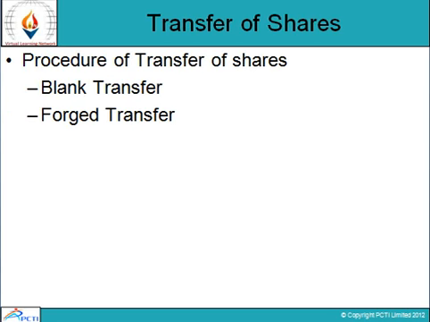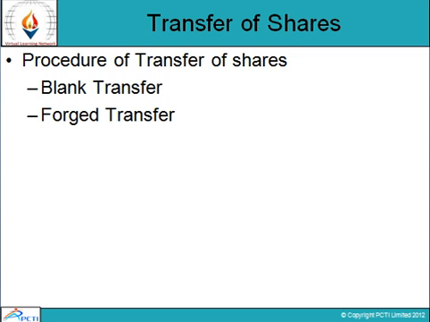Transfer of shares. Procedure of transfer of shares. First, blank transfer. A blank transfer is an instrument of transfer which is signed by the transferor, wherein the name and other particulars about the transferee are not filled in, and is handed over with the share certificate to the transferee.